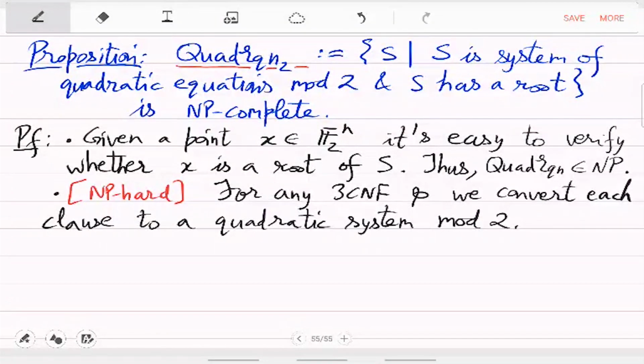Okay, so instead of the linear inequalities that we had before, now we will have a quadratic system mod 2. So again we'll do this by an example instead of going through the formal proof.